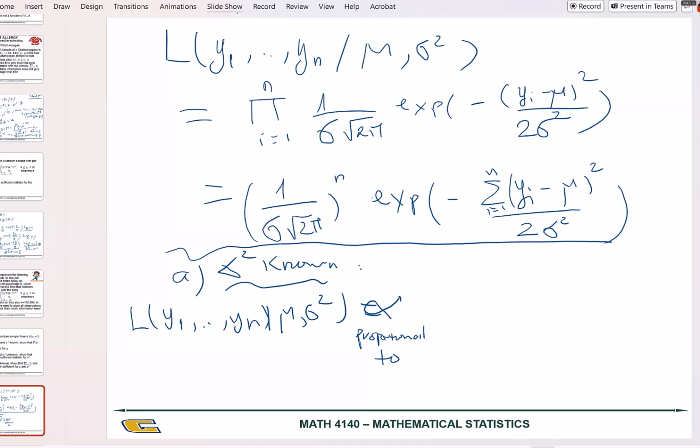Okay, the exponential of 1 over 2 sigma square, and then the summation of i from 1 to n. Now I do a little bit of a trick here.